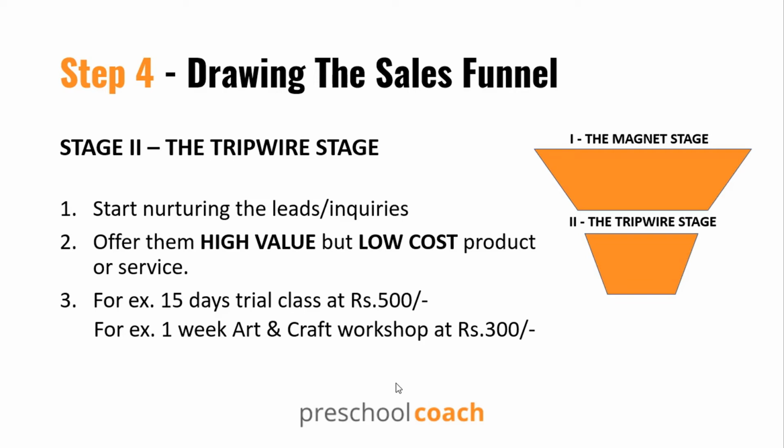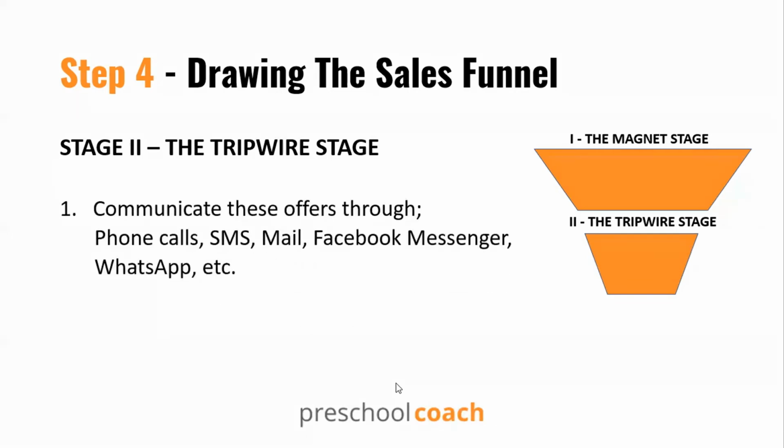I have listed down low ticket offerings in the PDF which you can download at the end of this session. These offerings can be communicated to the leads through the medium of phone calls, SMS, email, Facebook Messenger, WhatsApp, etc.